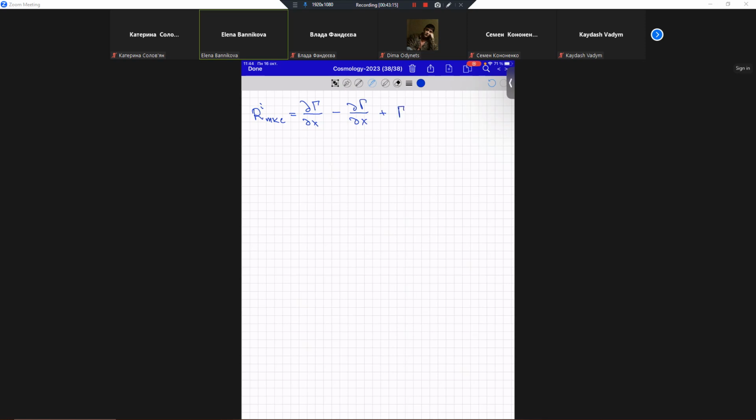Plus gamma on gamma minus gamma on gamma. Now I will put indexes. In the first, let's take 2 indexes ML here, the index K here, and I put I here. In the next, I need to take MK in the first, and the final index L here, I.